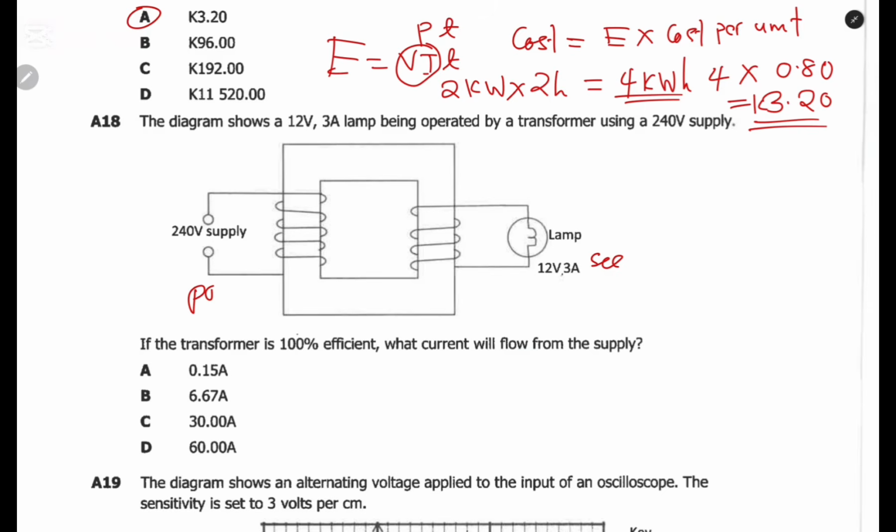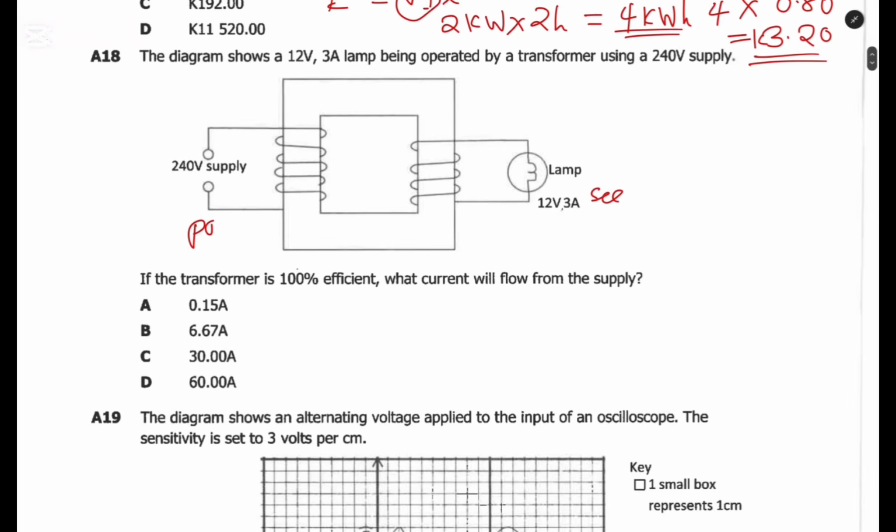What they are telling us here is that this is an ideal transformer. To find the current that flows through the supply, you just use the formula of an ideal transformer, where power on the primary is equal to the power on the secondary. So V_P I_P equals V_S I_S.